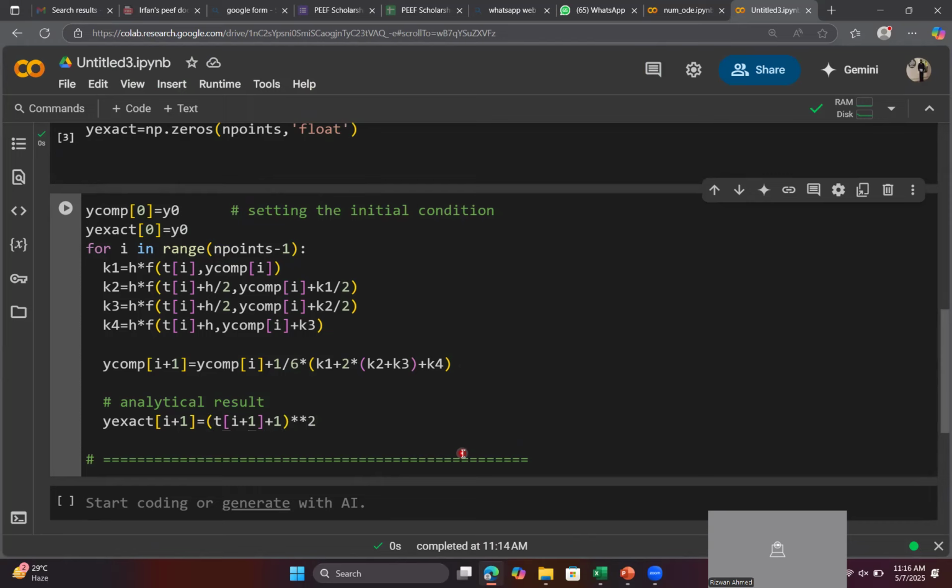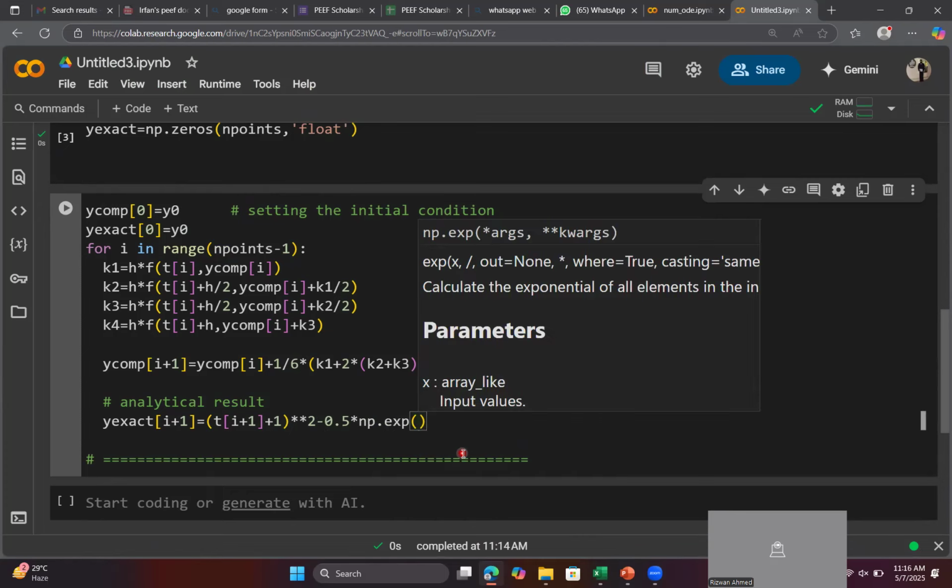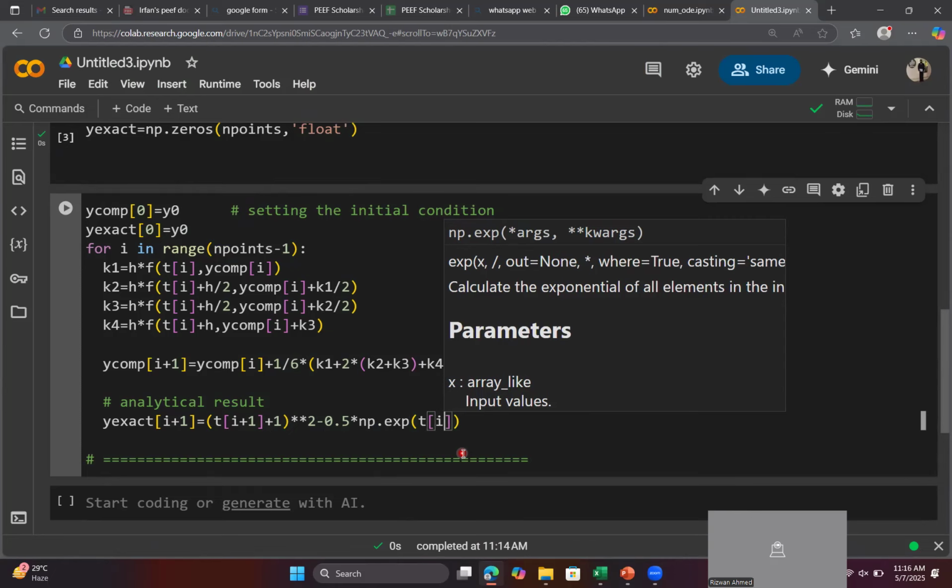I struggled with this problem several times because in many other languages, MATLAB, R, the raised to the power is with the hat sign. Minus 0.5 times numpy exponential function of t I plus 1.